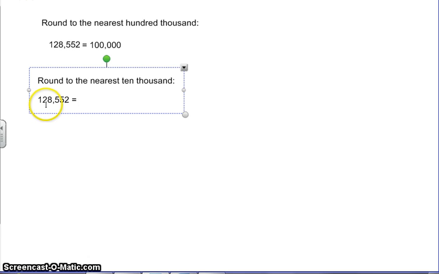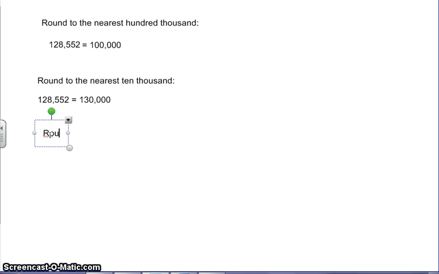Is that going to be 120,000 or 130,000? So I look at my number behind it. Is 28 going to be closer to 20 or is it going to be closer to 30? That's right, it is closer to 130,000.